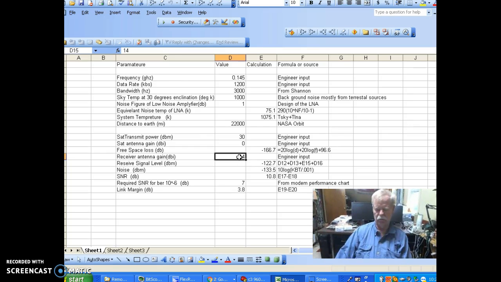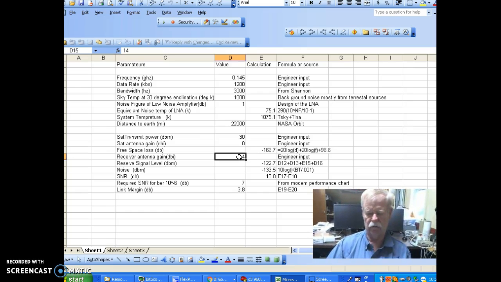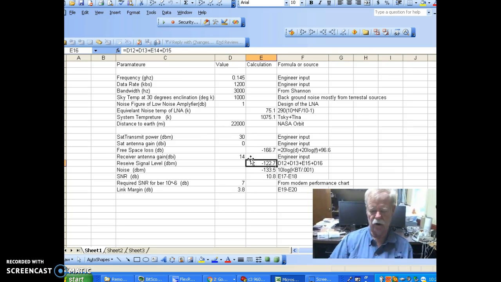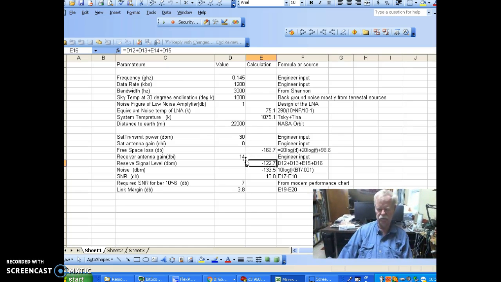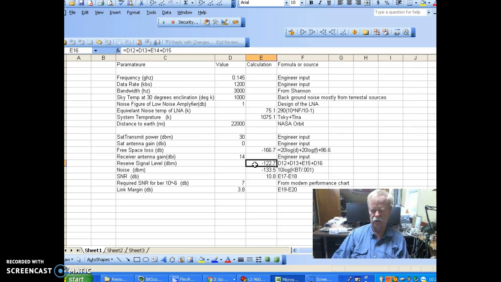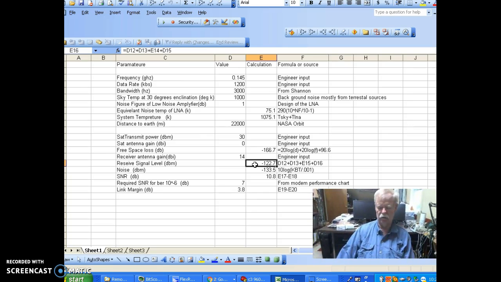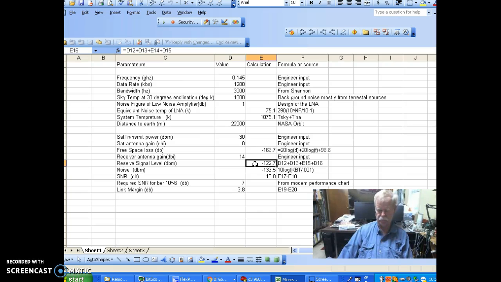But we have a big antenna, and we gain back 14 dB. So the amount of signal reaching the ground is just the algebraic sum of those 4 elements described above. It turns out to be minus 122.7 dBm. That's an absolute power at the output of that antenna.